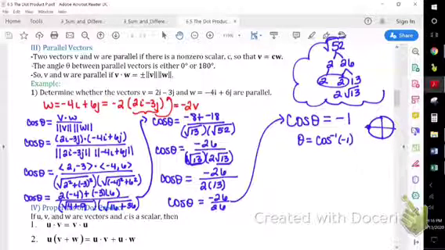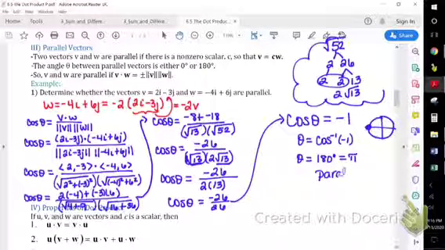And where is x equal to negative 1? Right there. So theta is equal to 180 degrees, or you could say pi. Either way, if that angle is 180 degrees or 0, then that means these two vectors are parallel. So you've proven it.